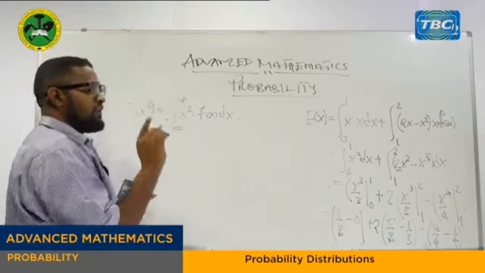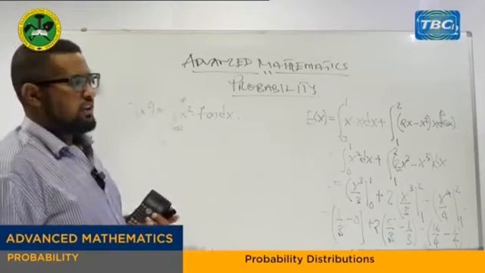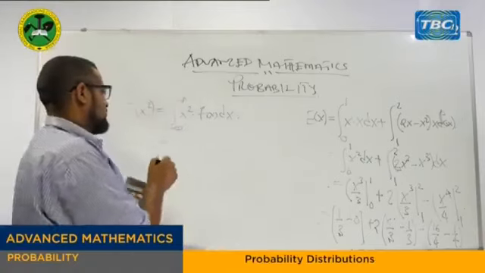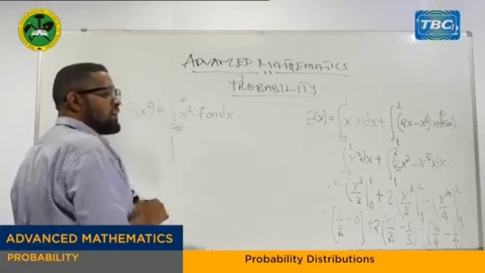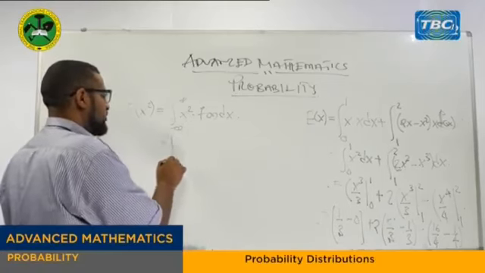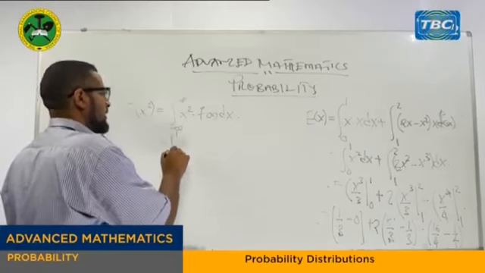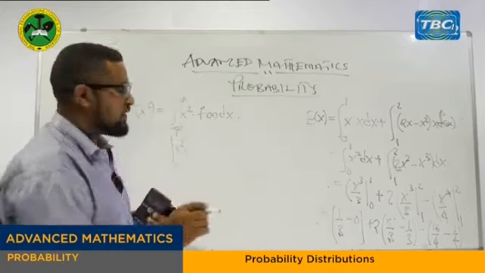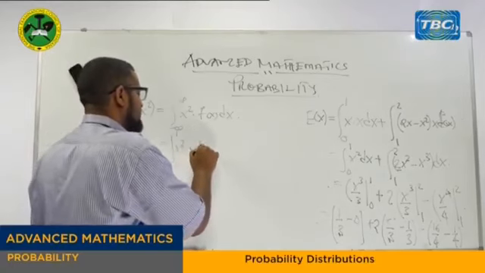But we are given function x and x bracket 2 minus x. So the integral will be from 0 to 1 of x square, multiplied with our first function, which is x, dx.